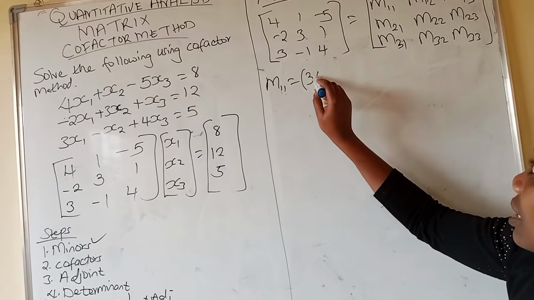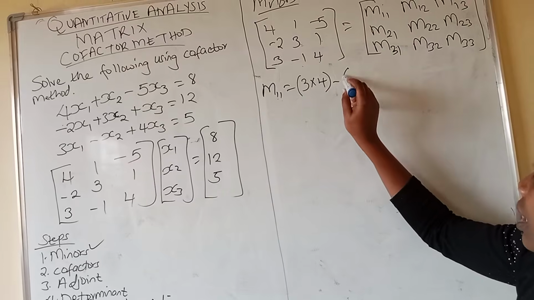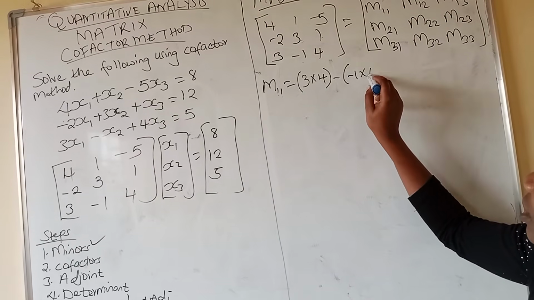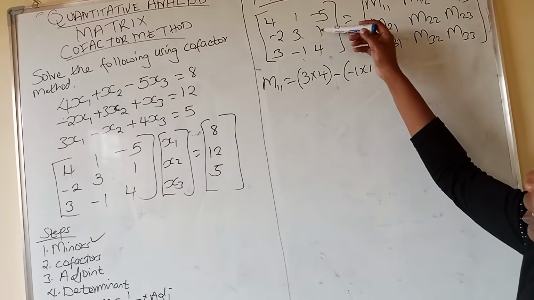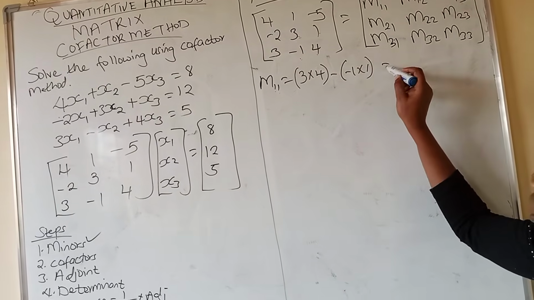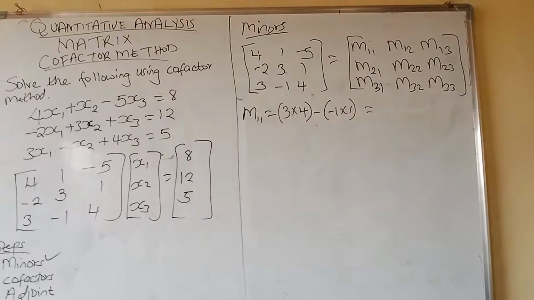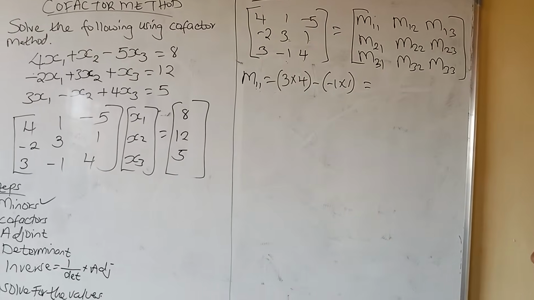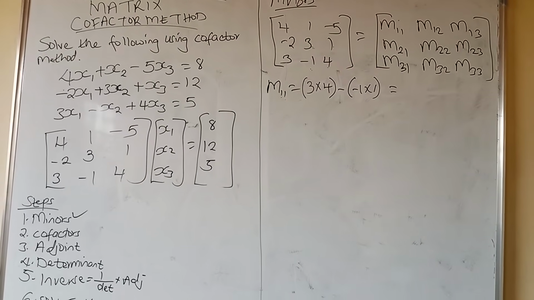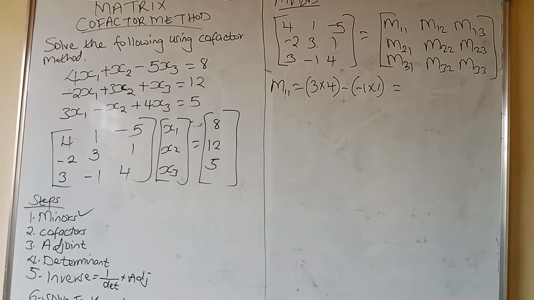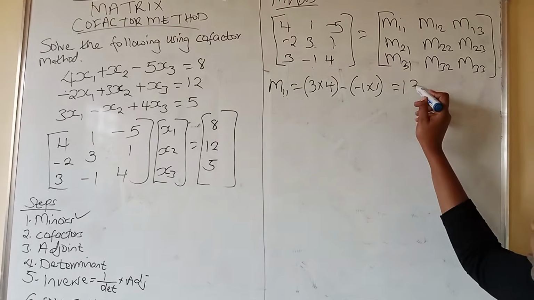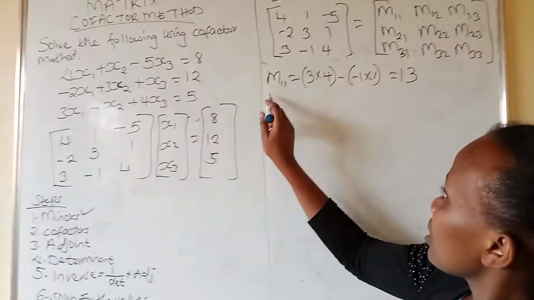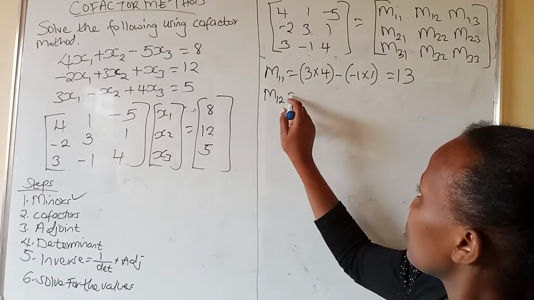So you are going to get 3 times 4 less negative 1 times 1, and with that you are going to get the value as 13.